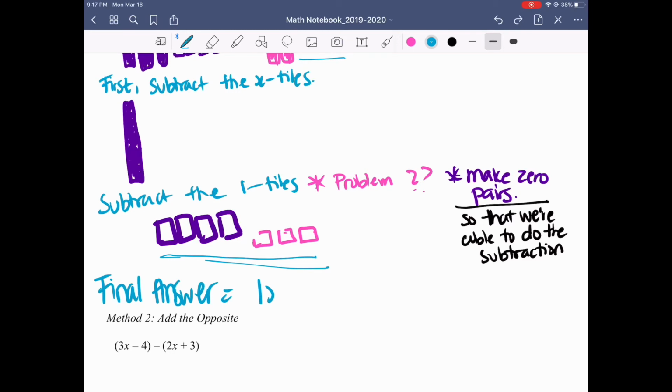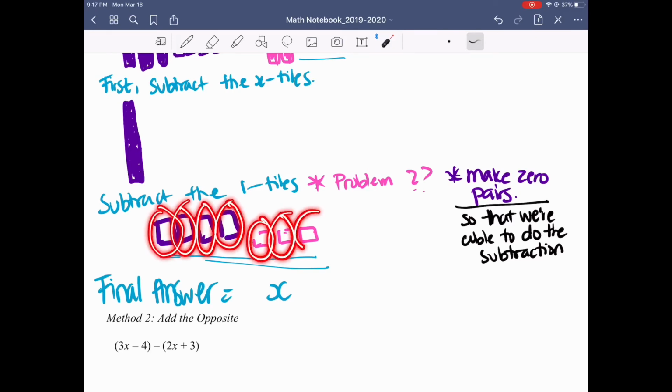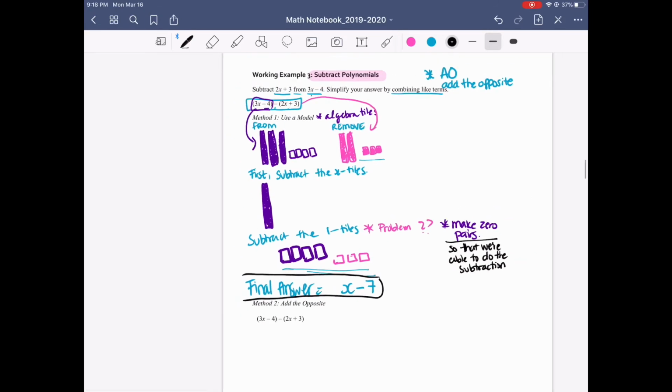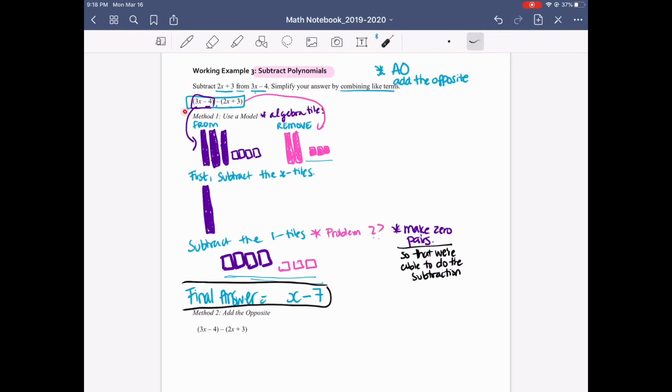I'm just going to write x because that's what we're used to seeing. And then over here we have 1, 2, 3, 4, 5, 6, 7 -1 tiles, so -7. So our final answer when we do the subtraction of 3x minus 4 minus 2x plus 3 is x minus 7.